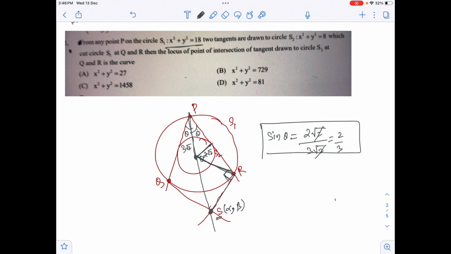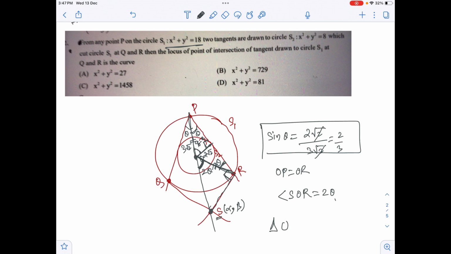Now, if this angle is theta and this is 90, what about this angle? 90 minus theta. Since this is isosceles, because OP equals OR, this angle will be theta as well. Hence, angle SOR is going to be 2 theta, because this is the external angle for triangle OPR. So theta plus theta is 2 theta.